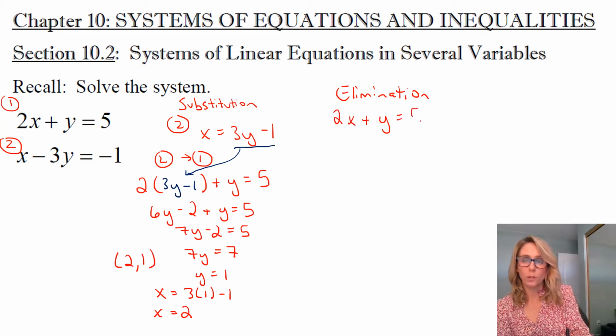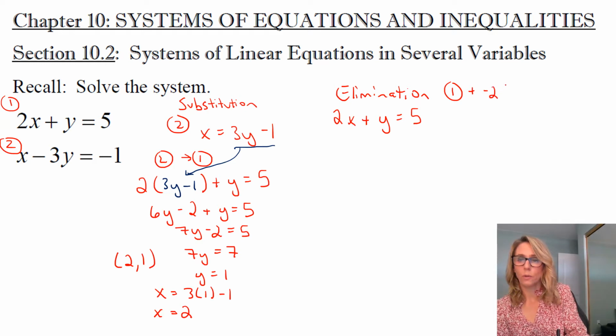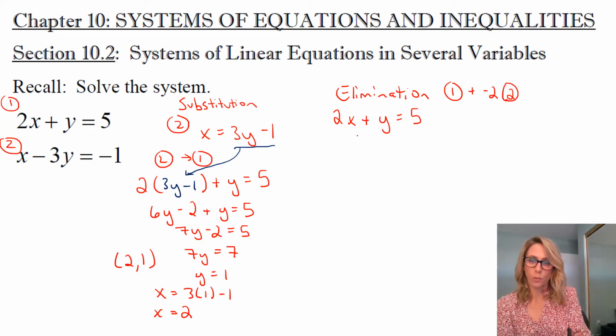So what I'm going to do is take equation 1 and add to that negative 2 times equation number 2. So what that means is I have equation 1 there. Now I'm going to take equation 2 and multiply each piece by negative 2.